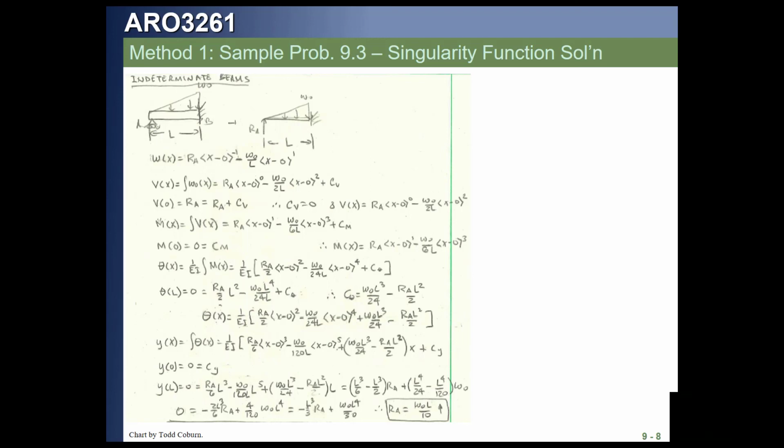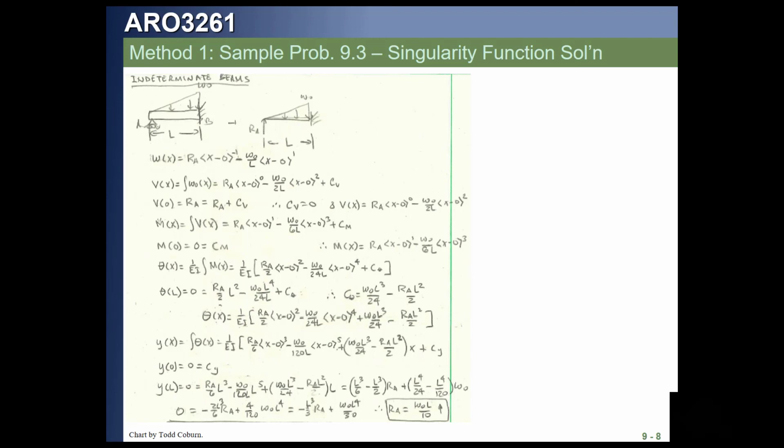We then can plug in our boundary condition that the slope at L must be 0, since the beam is in a wall. And we find out that C theta, if we do a little algebra, is equal to the term shown at the right, w0 L cubed over 24 minus RA L squared over 2. Plugging that back into our equation for theta, we get what's shown next.